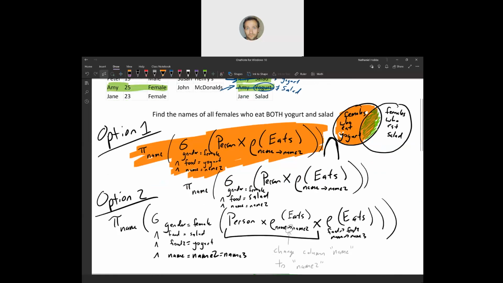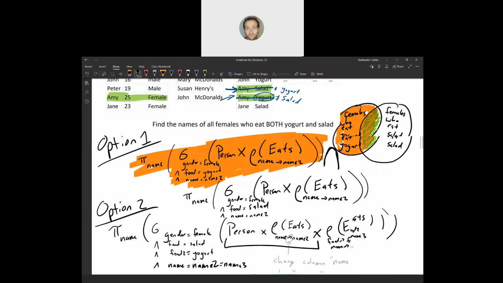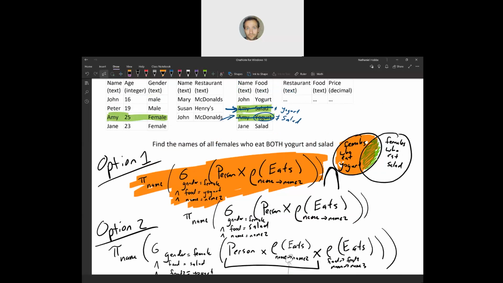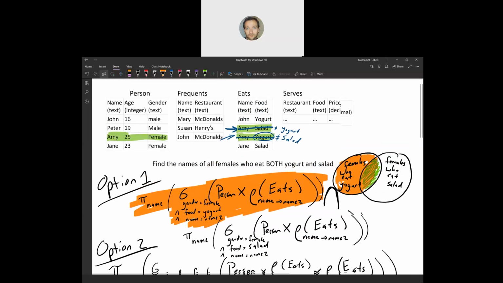You could potentially keep doing this type of tack, where you just cross multiply many, many times. But you'll realize that the number of rows of the table grows very quickly.